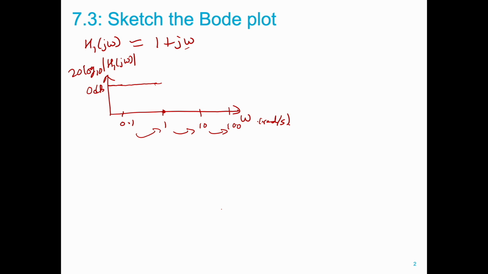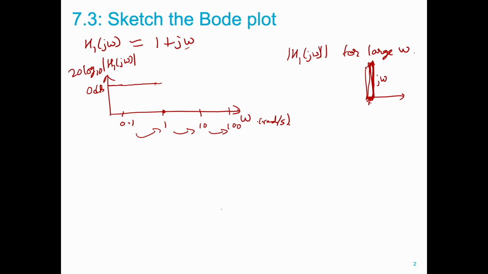Now, at 1 there's going to be a transition. To examine this transition, we have to check the magnitude of h1 of j omega for large omega. For large omega, the complex number 1 plus j omega is almost equal to j omega. If I add a small real value to j times omega, the result is almost the same as j times omega, so I can just ignore the 1.